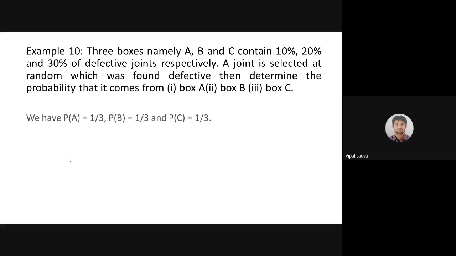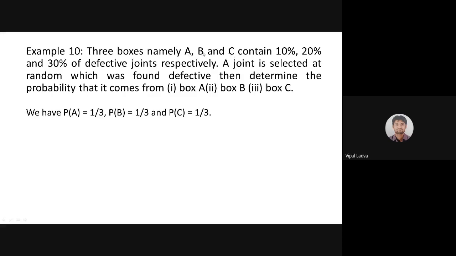Now, first of all, we need to identify the probability that when I'm selecting a joint, then the probability is not provided, but it is very simple to understand that if I'm selecting a joint randomly, then the probability that the joint comes from box A will be 1 by 3. Why?